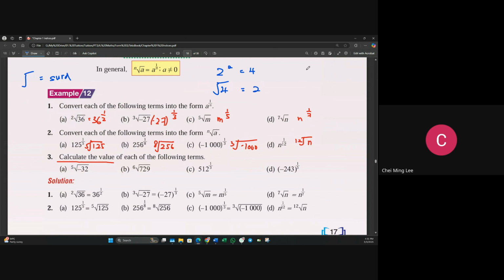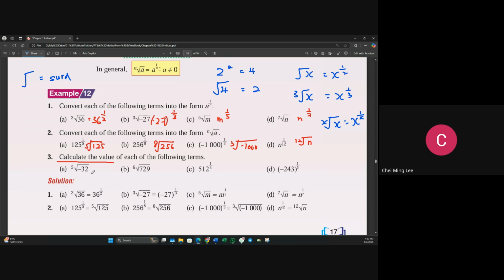So in short, the square root of x is equal to x to the power of 1 over 2. The cube root of x equals x to the power of 1 over 3. So the nth root of x will be x to the power of 1 over n.